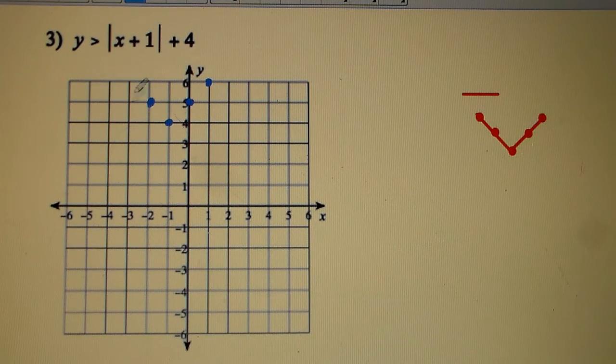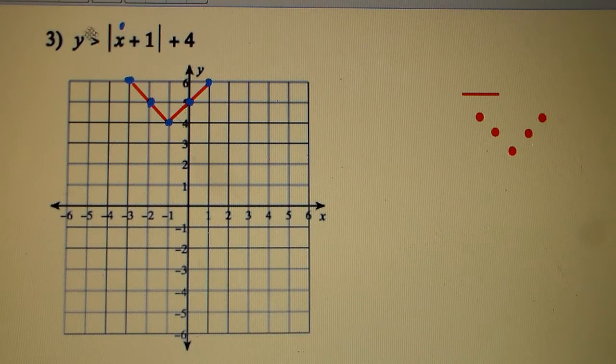Then I gotta plug in negative 3. Negative 3 plus 1 gets you negative 2. The absolute value of negative 2 is 2. 2 plus 4 gets you 6. We then got to connect them up. So there's our absolute value equation.